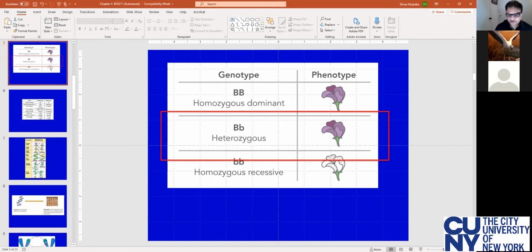Let's say the tallness of a plant could be represented by big T, big T. So tallness becomes a physical attribute called the phenotype, and the big T becomes the genotype.